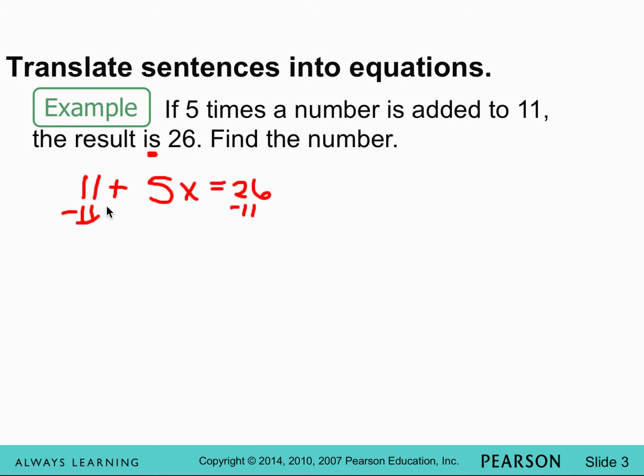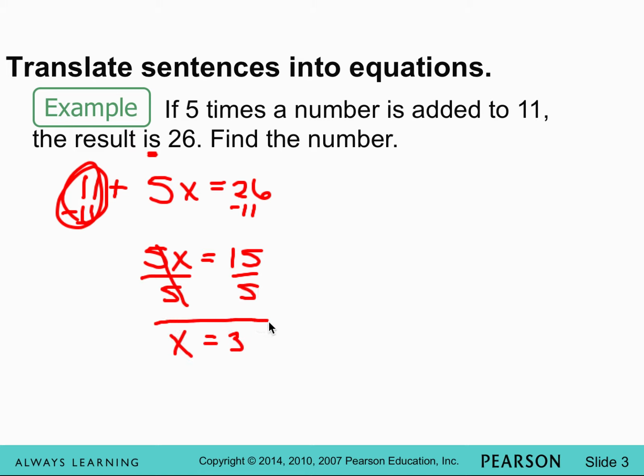So undo whatever's being added or subtracted to the variable. 0 plus 5x is 5x. 26 minus 11 is 15. Undo what's being multiplied to the variable. So divide both sides by 5. x equals 3. And that's our number that we were looking for.